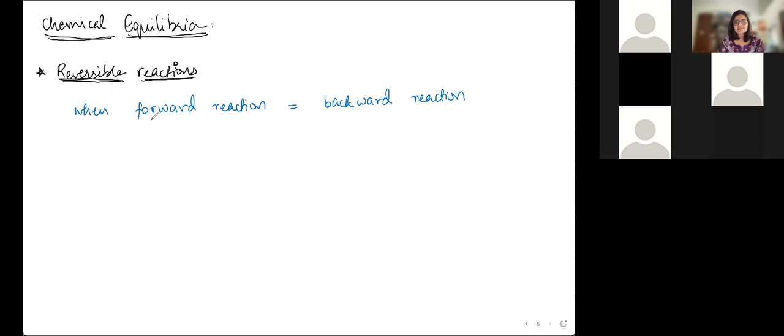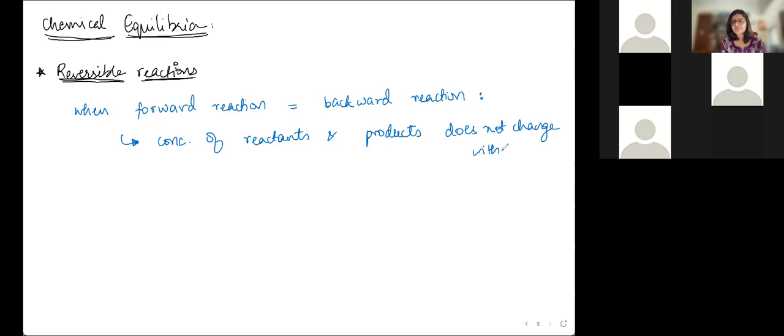In this situation, the parameter that does not change is the concentration of reactants and products. It does not change with time. Even if 10 minutes pass, or 15 minutes, the concentration of reactants and products remains the same. At this point, we say that there's a chemical equilibrium.